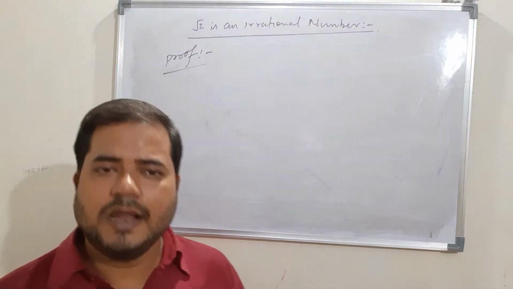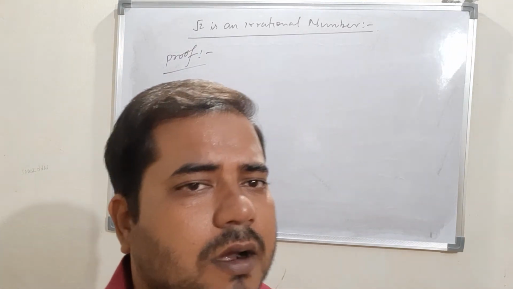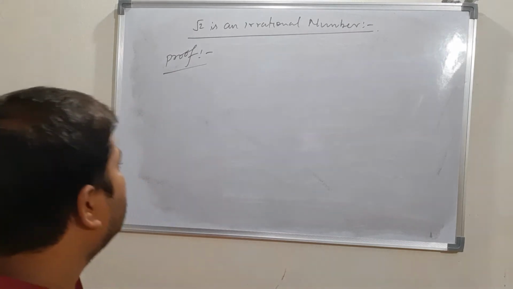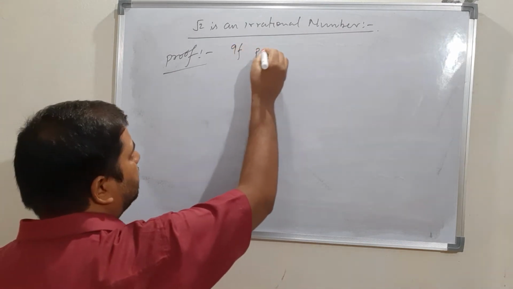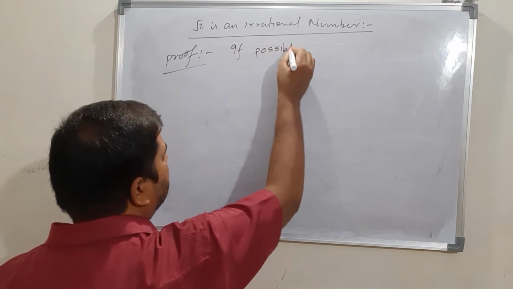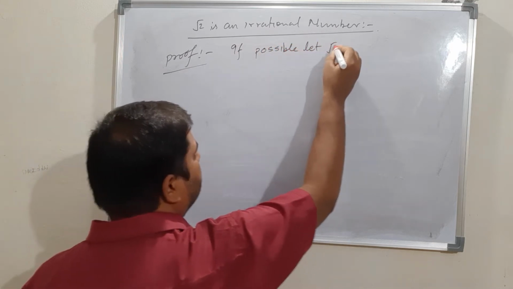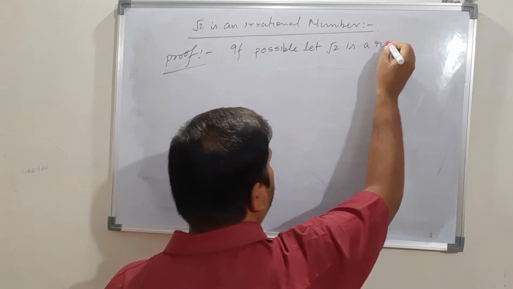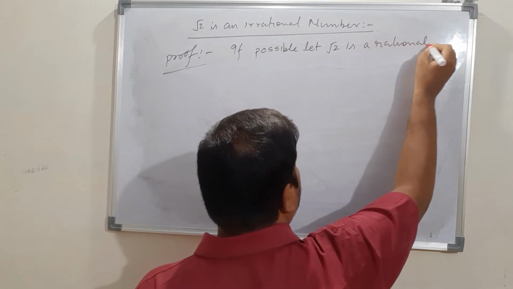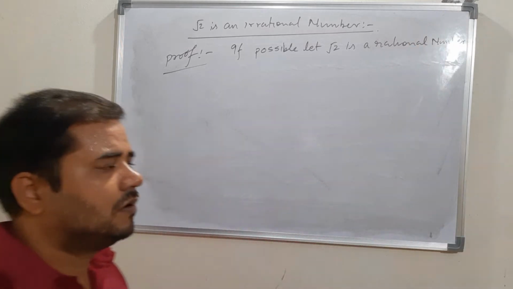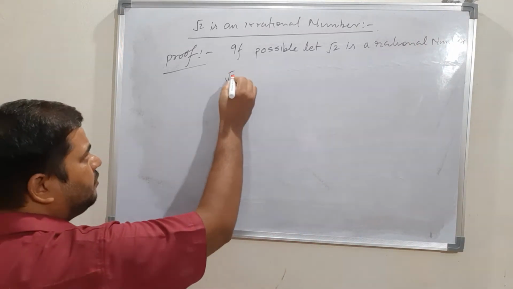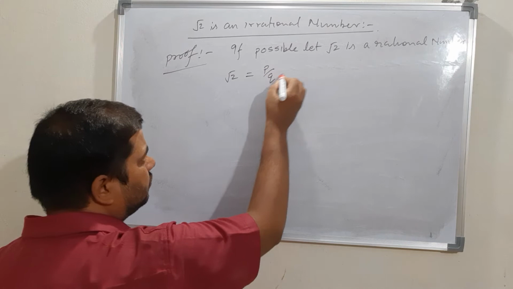If possible, let root 2 be a rational number. Then root 2 can be written as p by q.